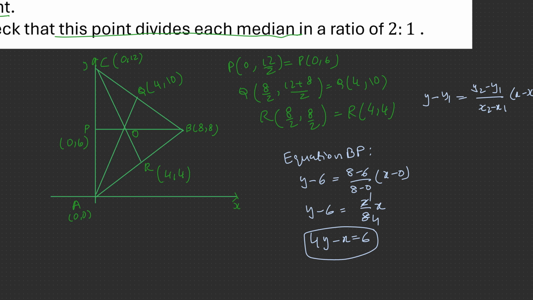Sorry, that's not right. I made a mistake, as always I do. So 4y minus x is 24. So that's right, and that's the equation of BP. So highlight it.